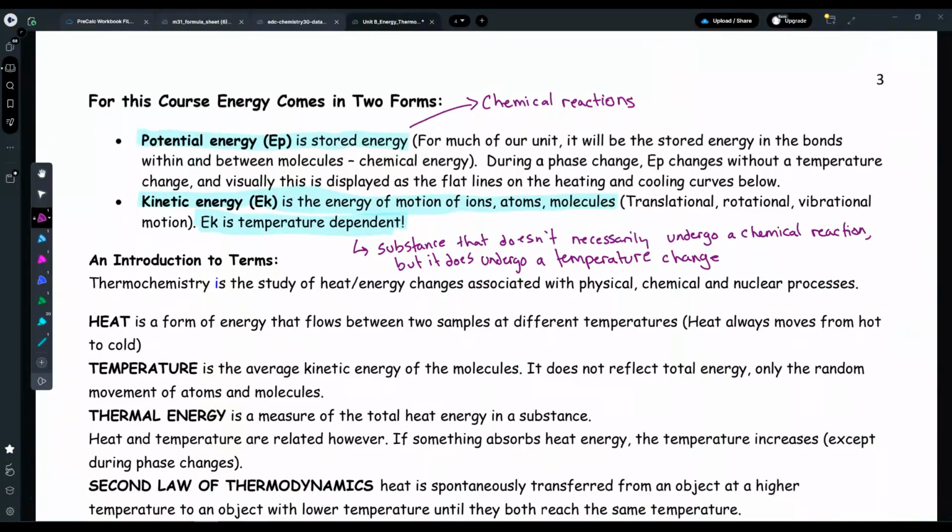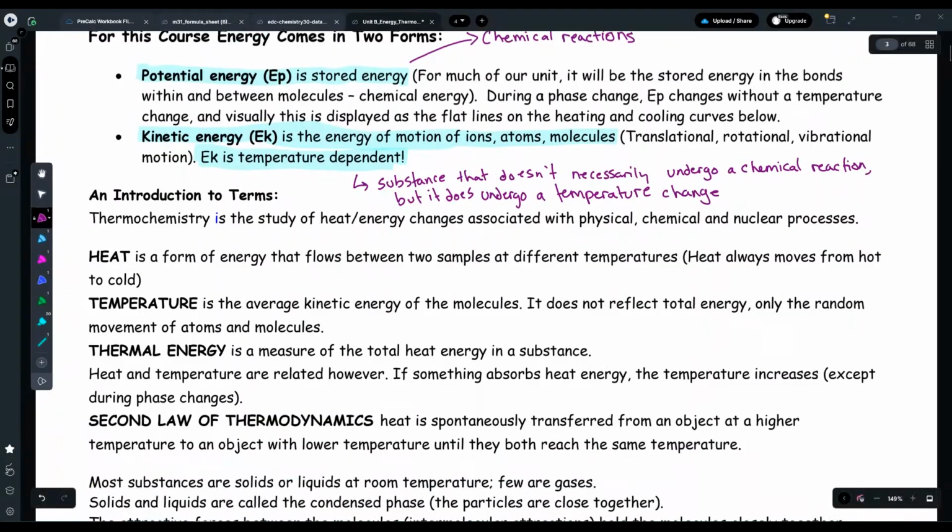Thermochemistry is the study of heat or energy changes associated with physical, chemical, as well as nuclear processes. Some terms you're going to want to be aware of in this unit start with heat. Heat is a form of energy that flows between two samples at different temperatures, and heat always moves from hot to cold. Temperature, as I said previously, is the average kinetic energy of molecules.